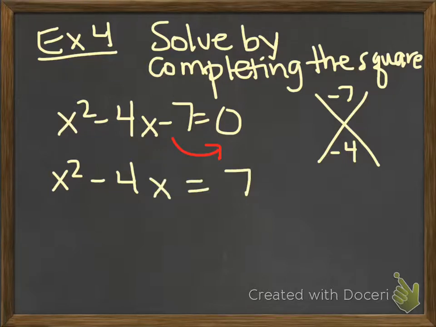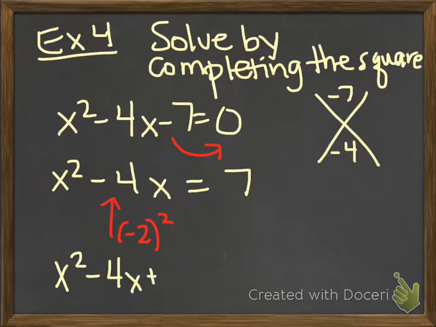Okay, now we're going to try to make x squared minus 4x a perfect square. So we're going to take half of the negative 4, which is negative 2, and then we're going to square it. So now I have x squared minus 4x plus blank equals 7 plus blank. And whatever we add to the left side, we have to add to the right side. Negative 2 squared is 4.